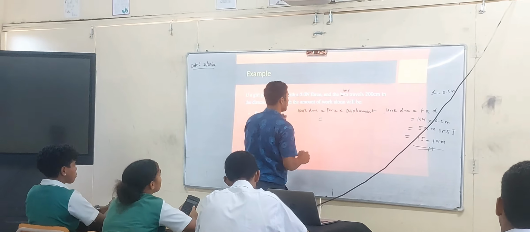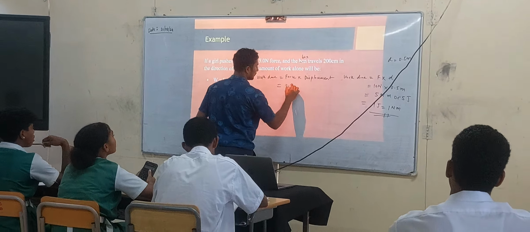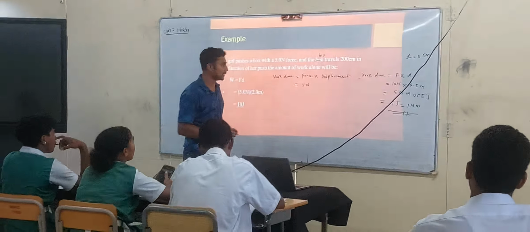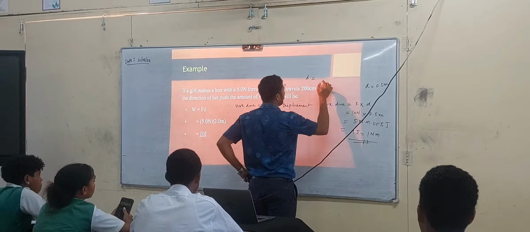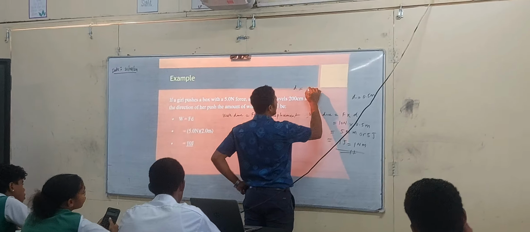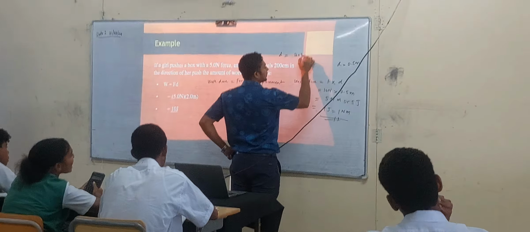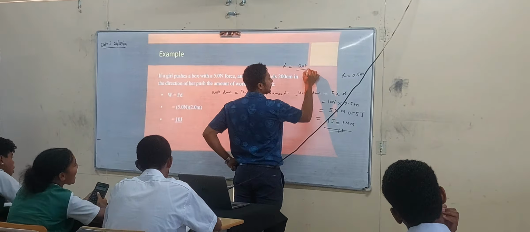So force there is 5 newtons, times... remember your displacement should be in meters. So how do you convert your distance into meters? That will be 200 divided by 100, which is 2 meters.